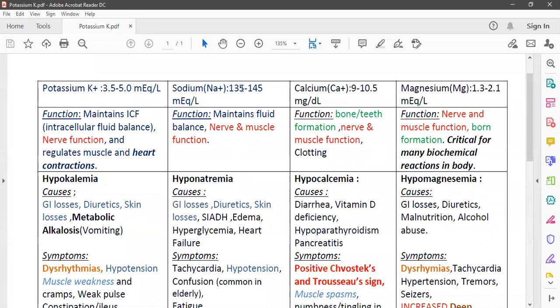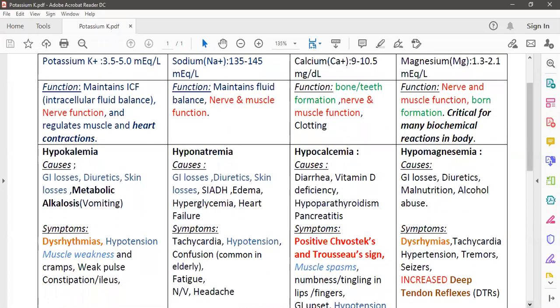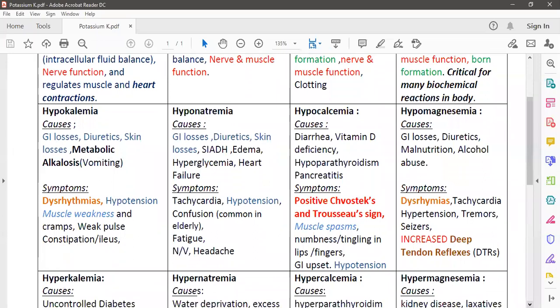It is 135 to 145 milliequivalents per liter, right? If the sodium is less than 135, we can say hyponatremia. If the sodium is more than 145, we can say hypernatremia. So just give a focus here.